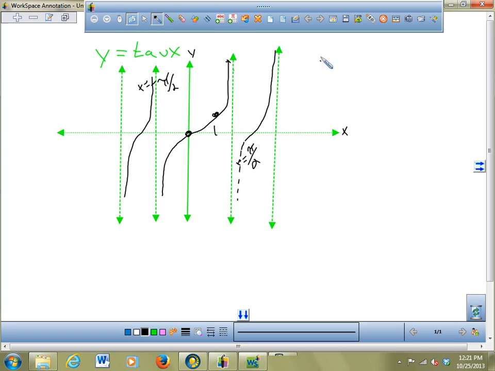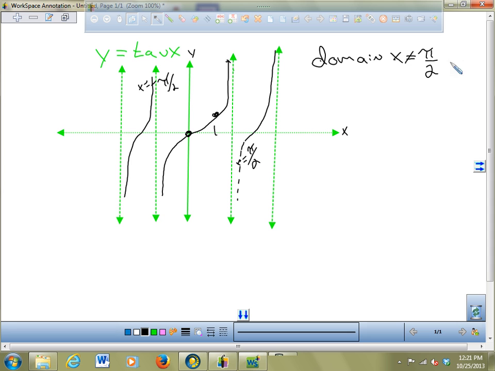Okay? So a couple things about y equals tangent of x. It has a domain of x is not equal to, what's x not equal to? Pi over 2 plus n times pi, where n is an integer. In other words, if I add pi to this, I get this next asymptote, which is 3 pi over 2.